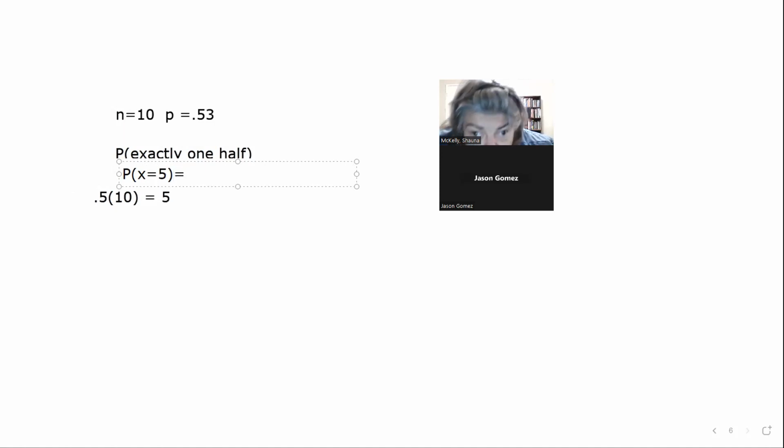Now, how am I going to find that? What am I going to put in the calculator for that? Binomial PDF. Right, binomial PDF. And we're going to put what? You'll put in 10, 0.53. Yes, 10. Then 5. 5. Very good.